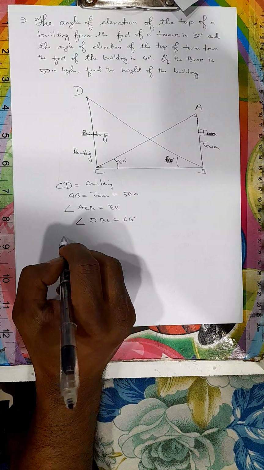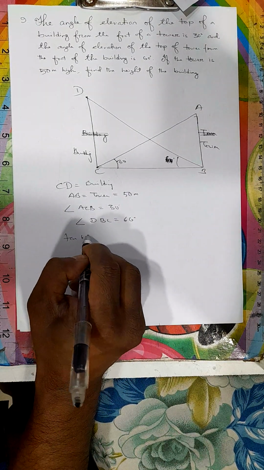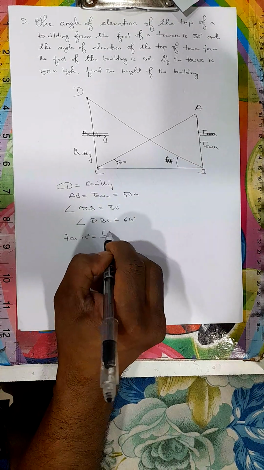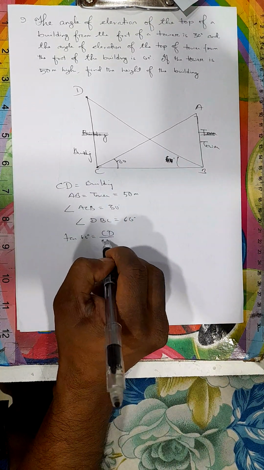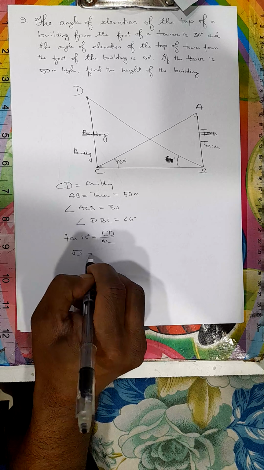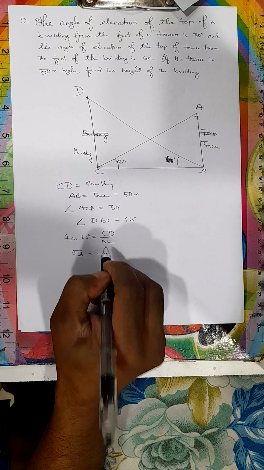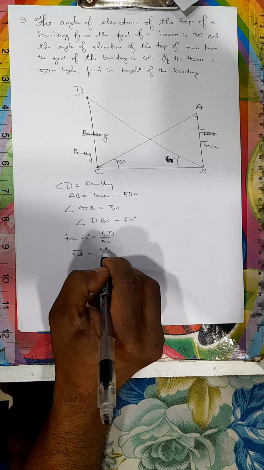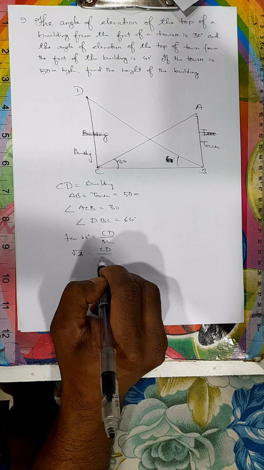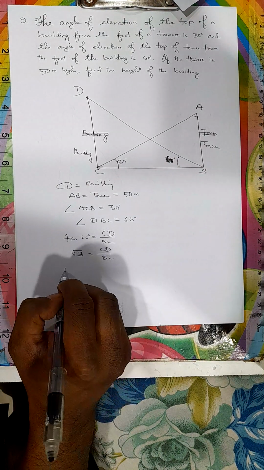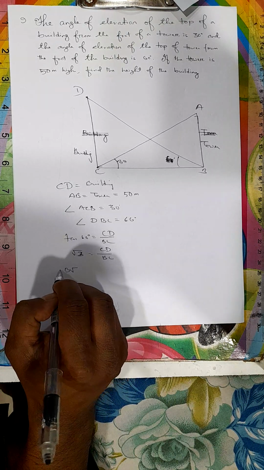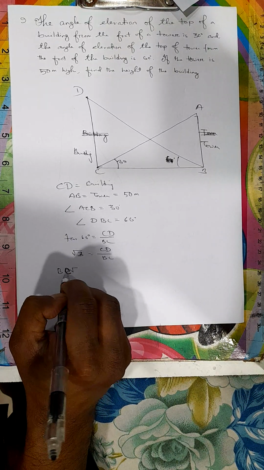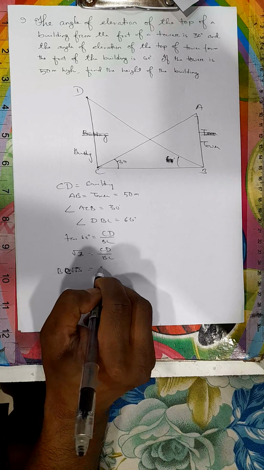Now you see tan 60 degrees equal to opposite by adjacent. Root 3 equal to CD, CD means it is unknown, by BC. So BC square root of 3 equal to CD.